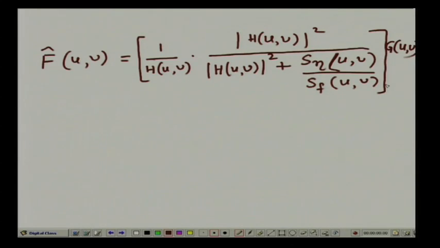So, this is the expression of the Fourier transform of the reconstructed image when I use Wiener filtering.